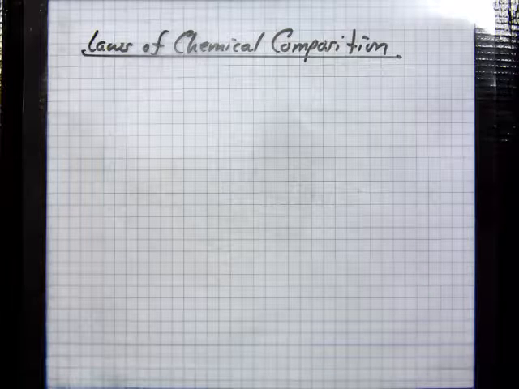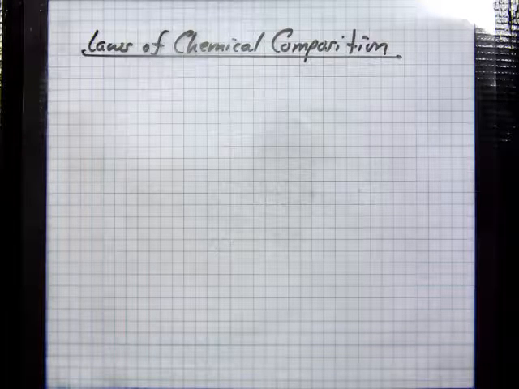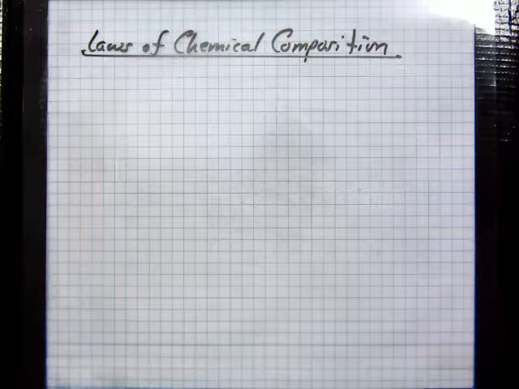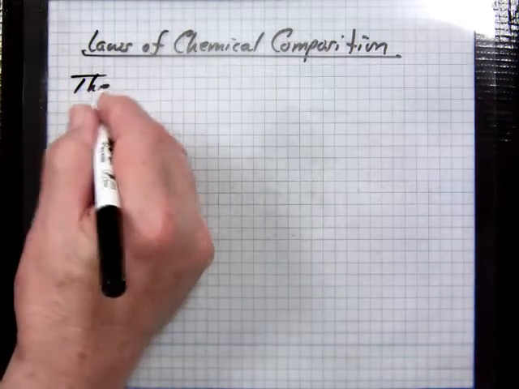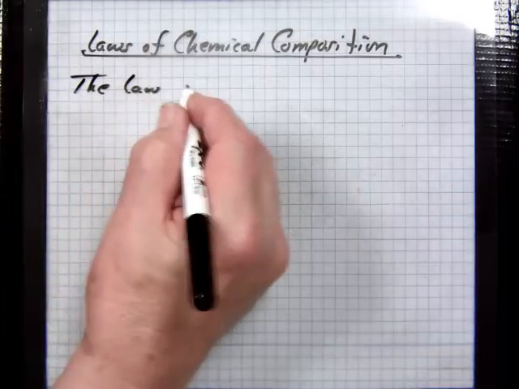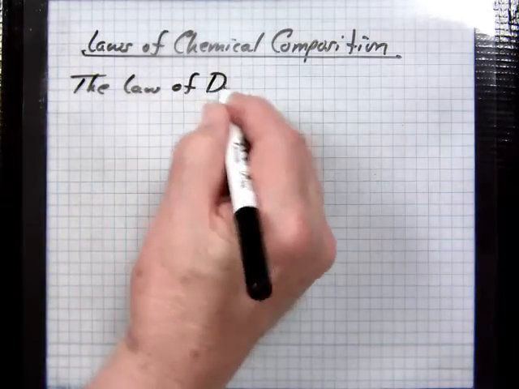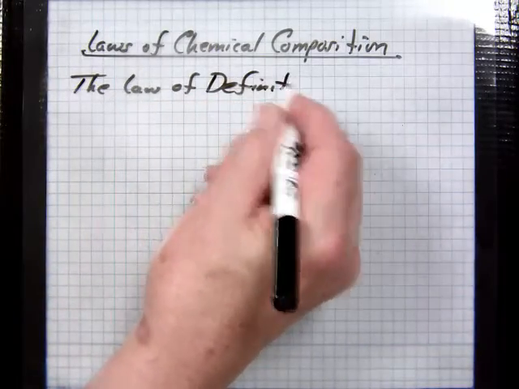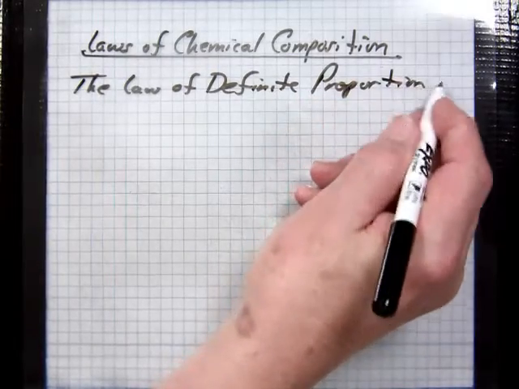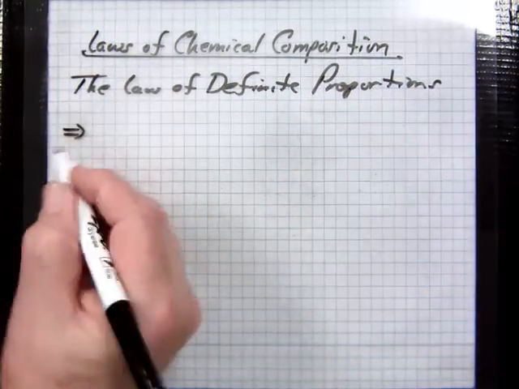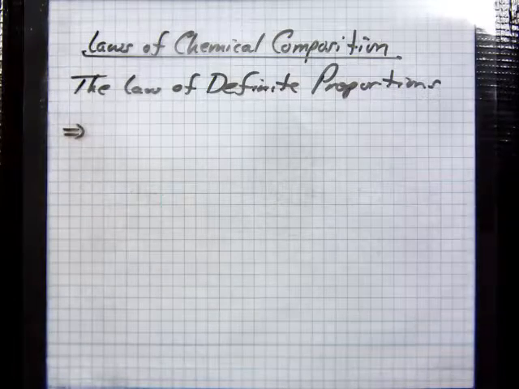And when we talk about compounds forming, we follow what we call the law of definite proportions, which simply says elements combine in definite proportions by mass.